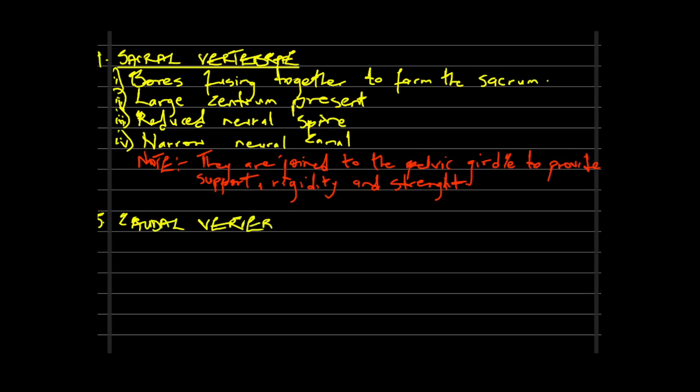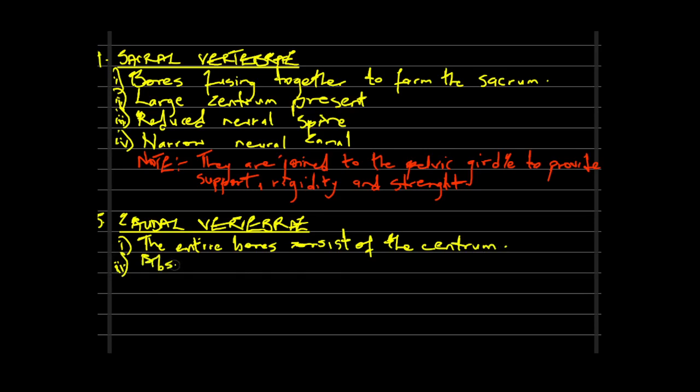In the caudal vertebrae, we have its own characteristics going thus. 1, the entire bone consists of the centrum. 2, it has no neural canal.